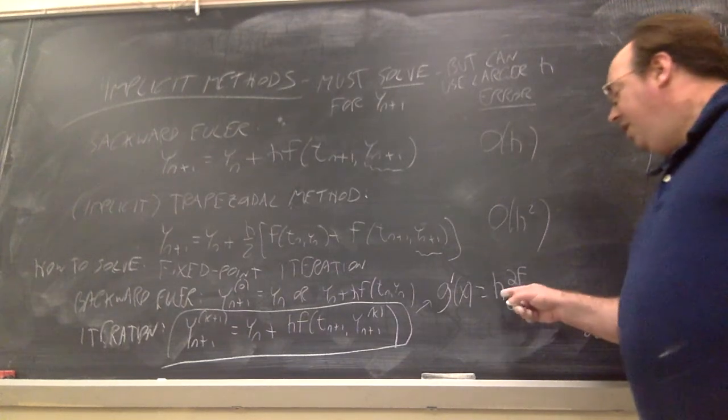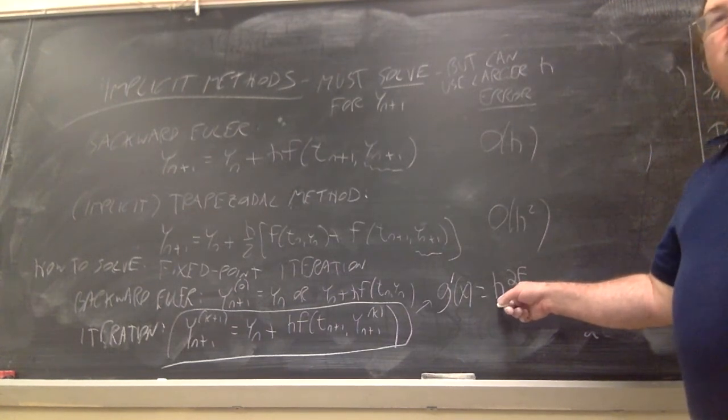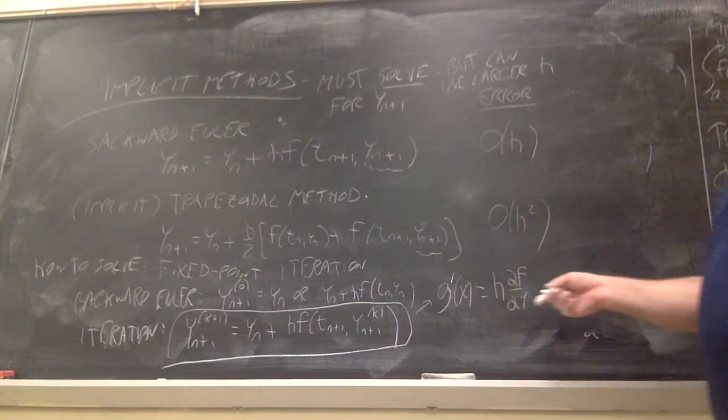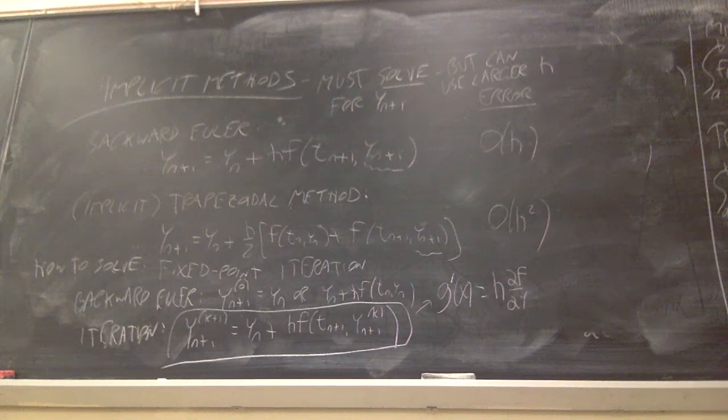So all you're going to do is choose h to be small enough, because you're free to choose it. You choose it so that the whole expression, h times df dy, is less than 1 in absolute value, and you're guaranteed that your iteration will converge.